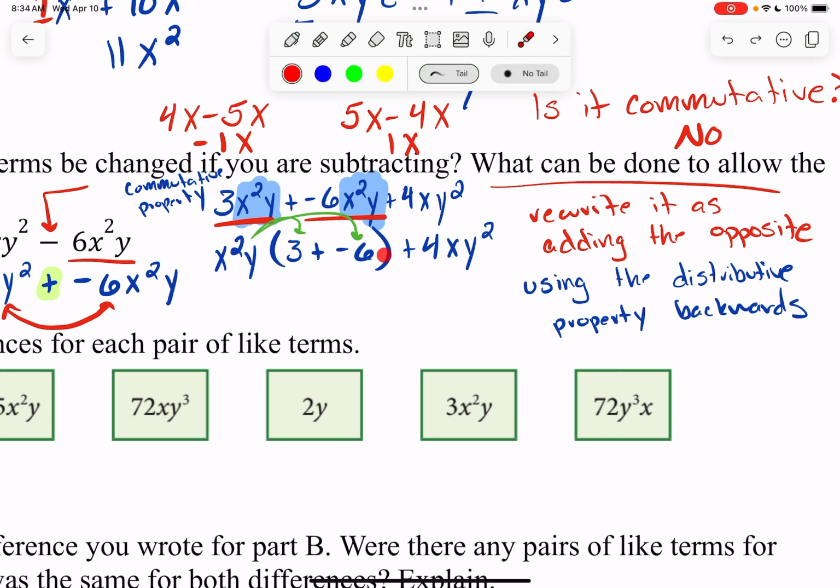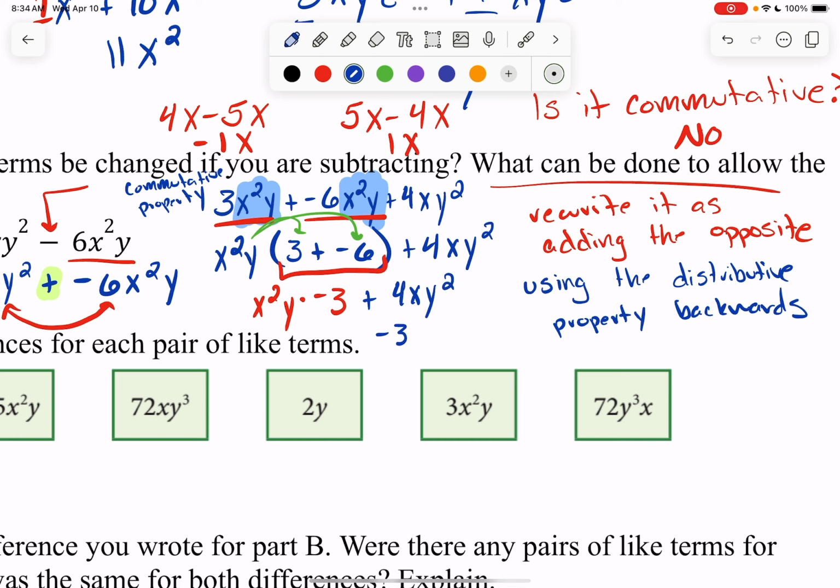But now inside here, if I do order of operations and do parentheses first, I would be adding 3 plus negative 6, which is negative 3, times x to the second y, plus 4xy to the second. When I multiply this out, normally we write the coefficient first: negative 3x to the second y plus 4xy to the second. So I'm just adding those like terms.